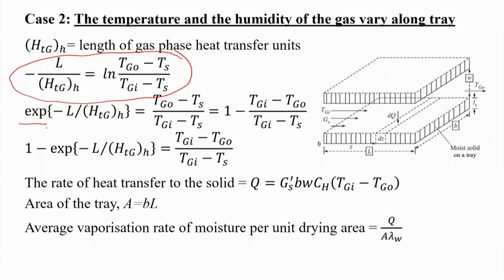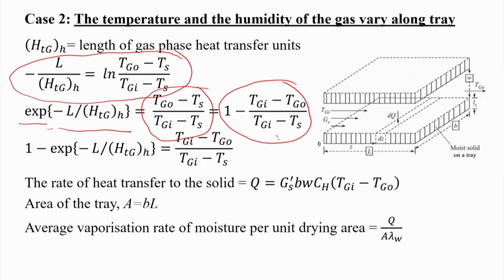the exponential of minus L by HTG is equal to (TGO minus TS) by (TGI minus TS). Just by manipulating this, we write it in the form of TGI and TGO with TS, that is, 1 minus (TGI minus TG out) by (TGI minus TS).